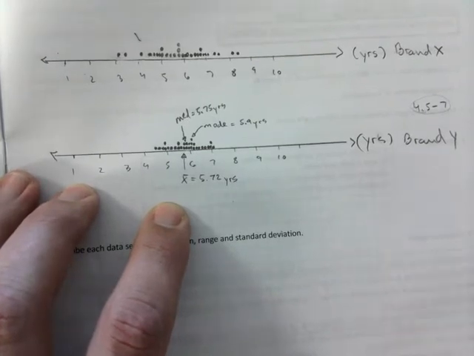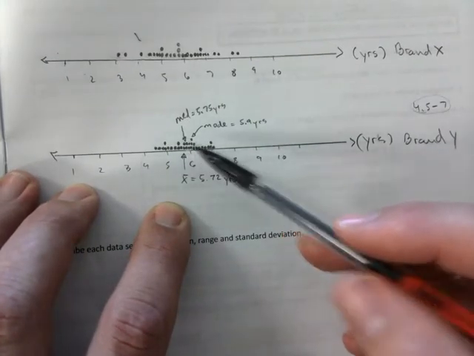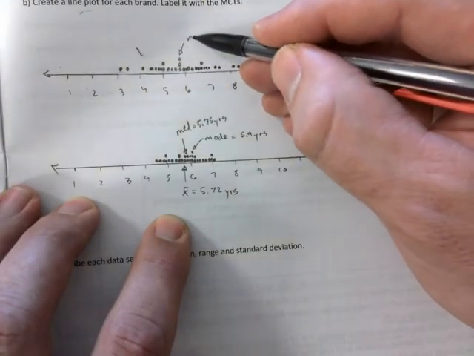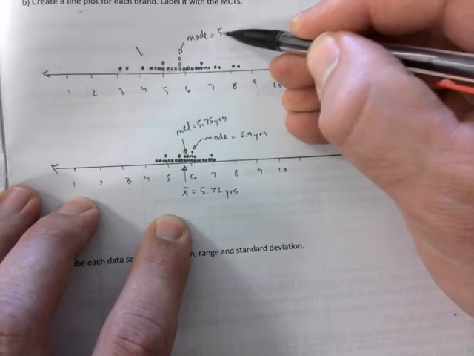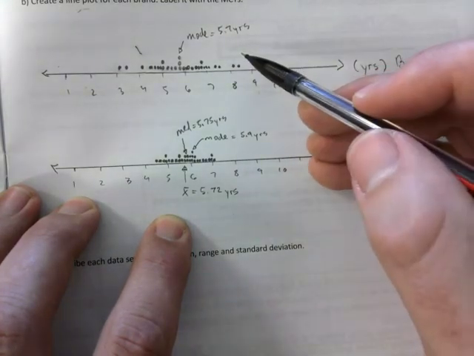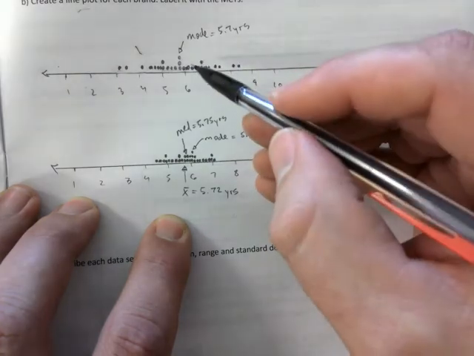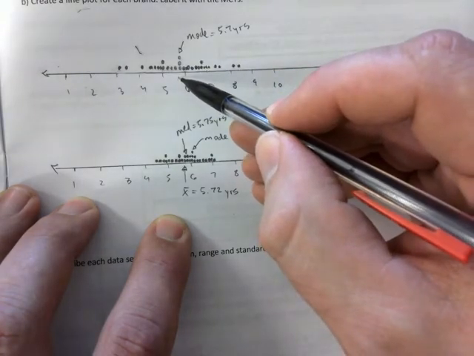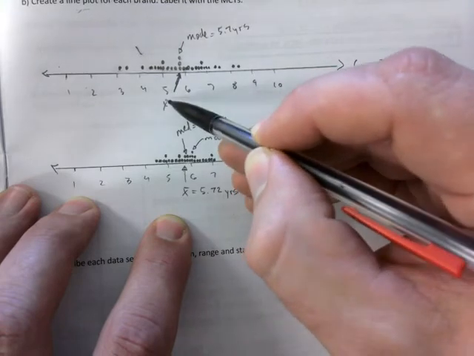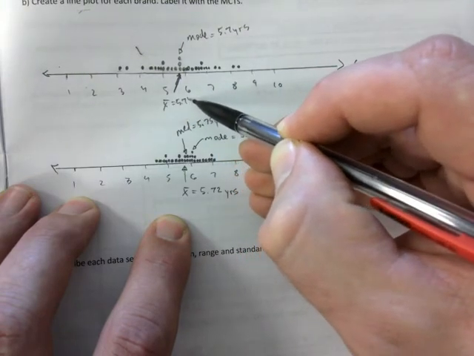So everything is pretty close together actually here, okay? And on the top here, my mode is right there, 5.7 years. My mean is 5.74, somewhere in there, 5.74 years.